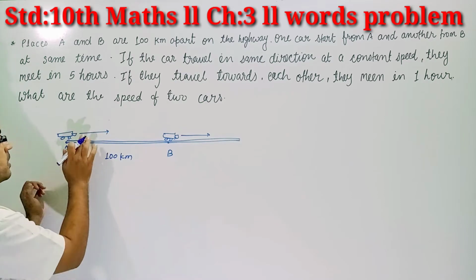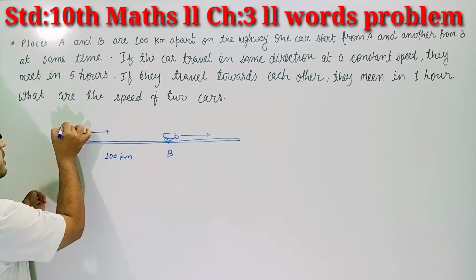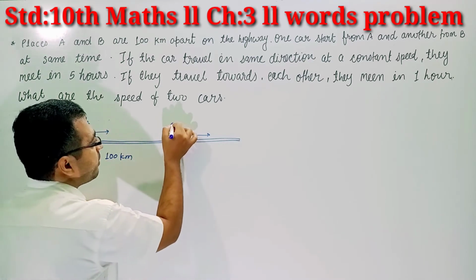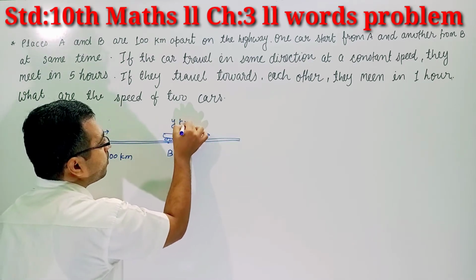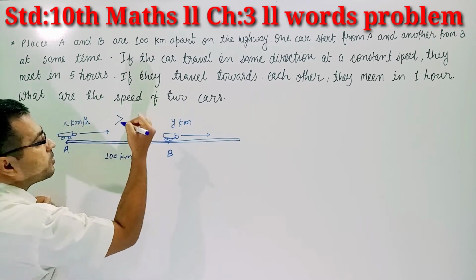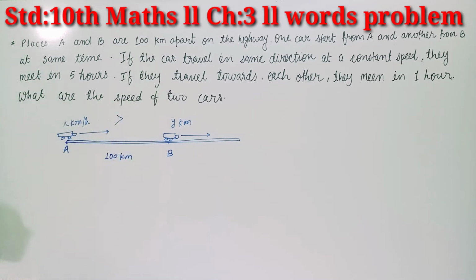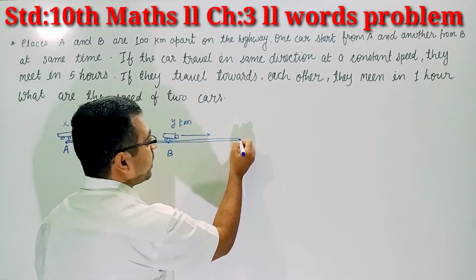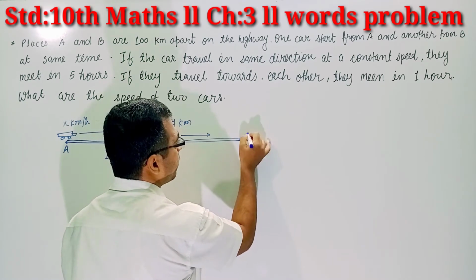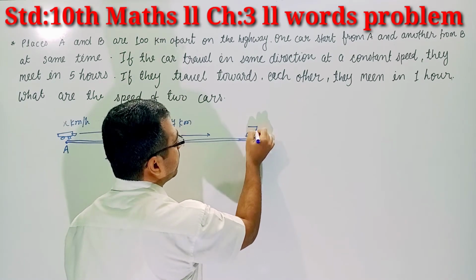That's why consider this car having speed x kilometer per hour and this car having speed y kilometer per hour. The speed of this car is greater than the speed of this car, so they can meet after 5 hours, somewhere here.